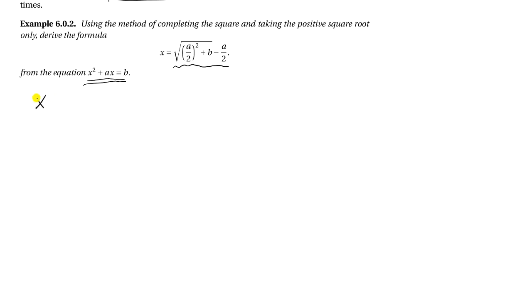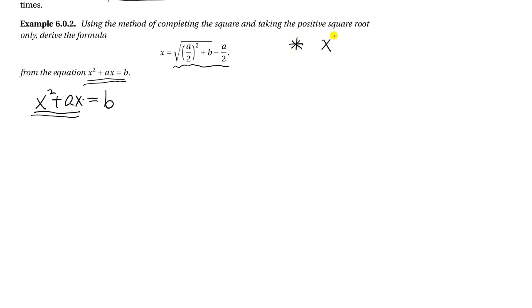So from x squared plus ax equals b, oh, I'm getting used to the quadratic equation, then they actually tried to make a complete square form for this. So now, how can you get the complete square form?